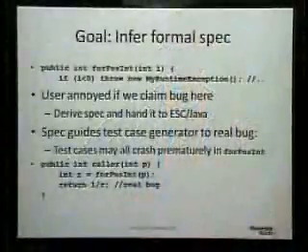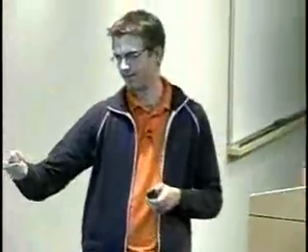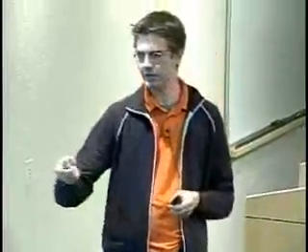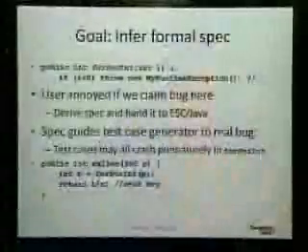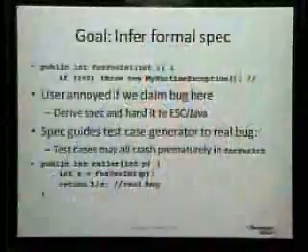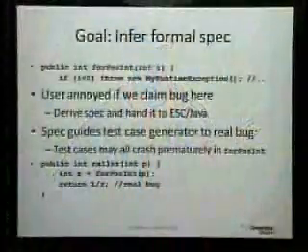For example, in this case here, we have a caller method. The caller method first calls forPosInt, and then there's some real bug here. And ESC Java will also find and point us to that real bug. But since we do not have any specification for forPosInt, we're just going to generate random values to try to reach that statement down here.